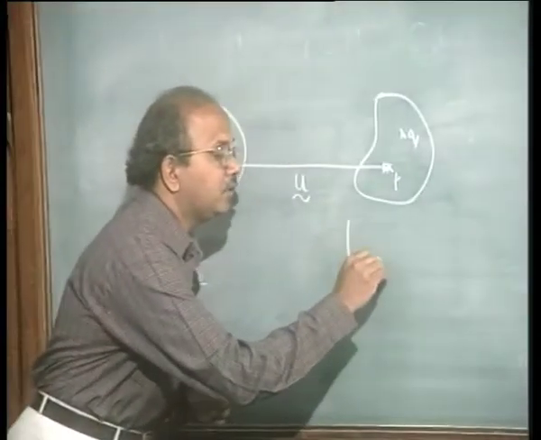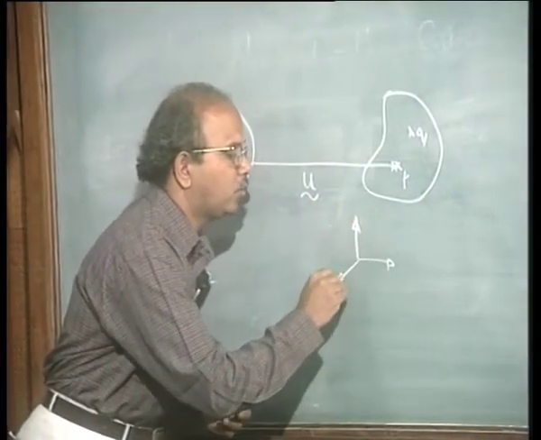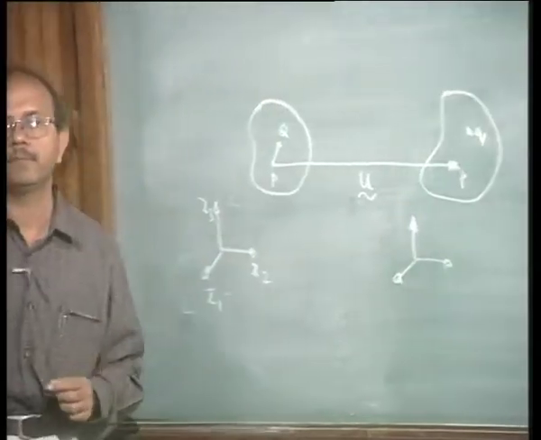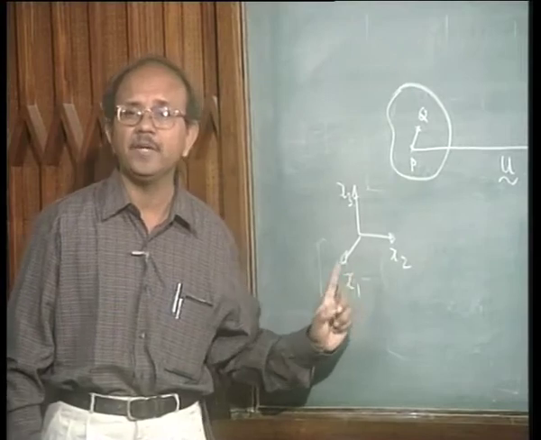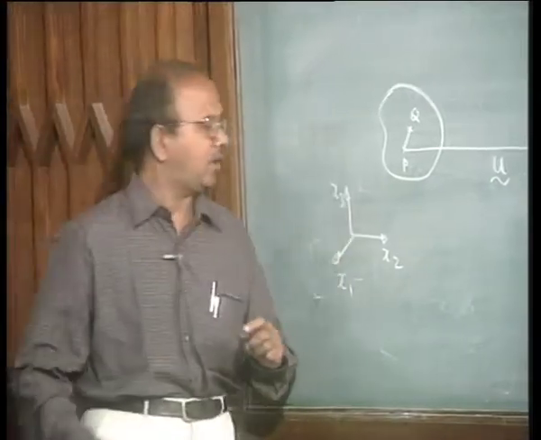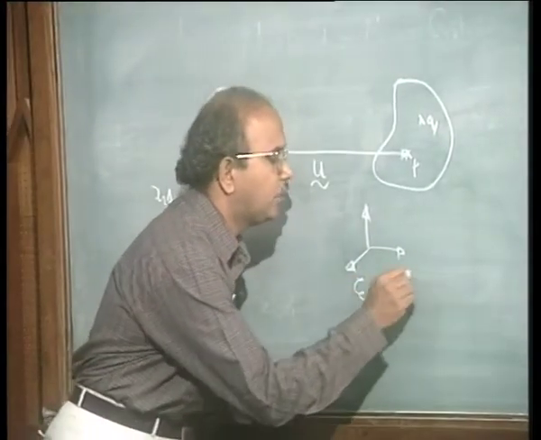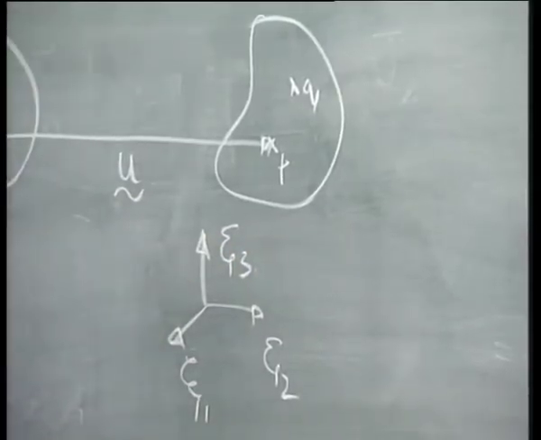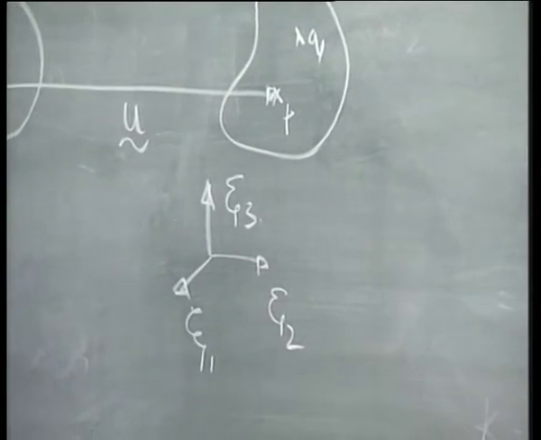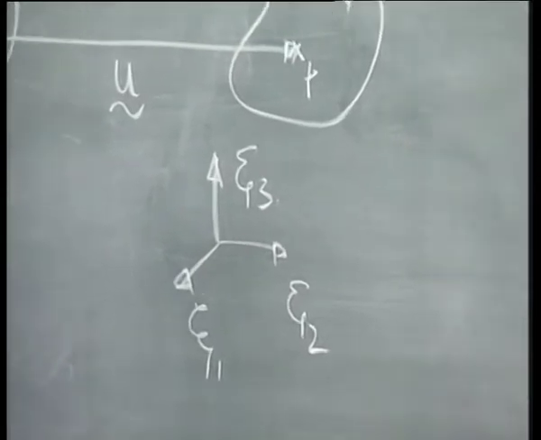Let me say that, look at this carefully, let me say that I put a coordinate system for this deformed body. Okay? The coordinate system need not be x1, x2 and x3. Let me call this coordinate system as, say, psi1, psi2 and psi3. Do not worry about it, but just say that my coordinate system can be psi1, psi2, psi3. What does it mean?